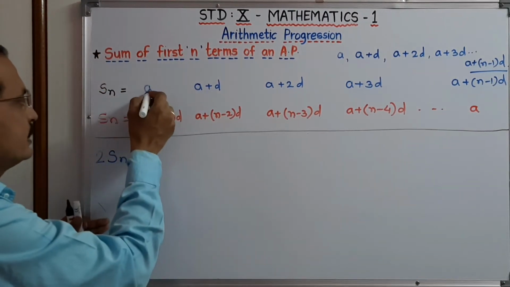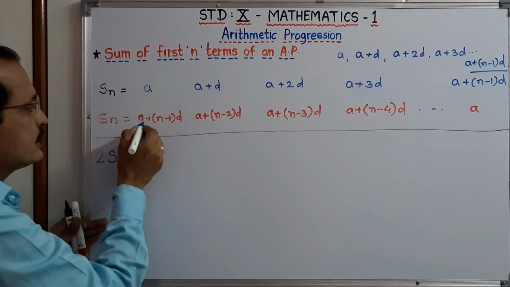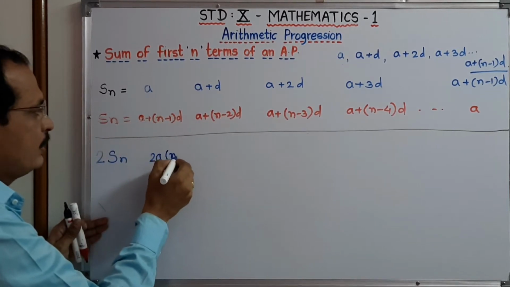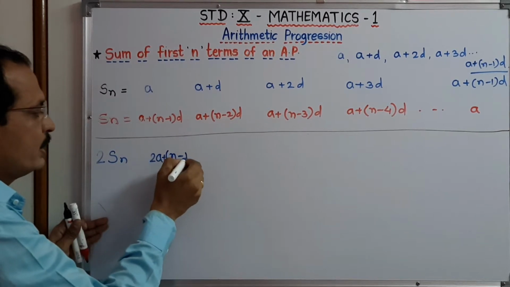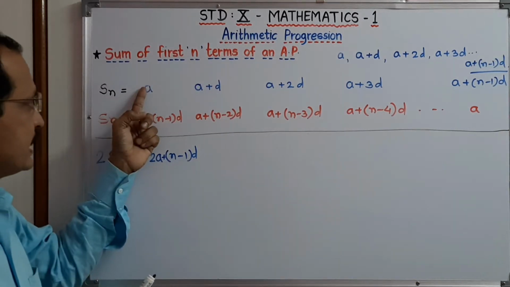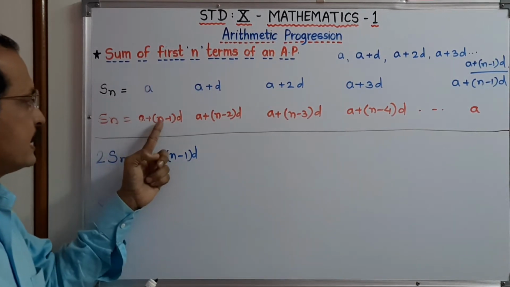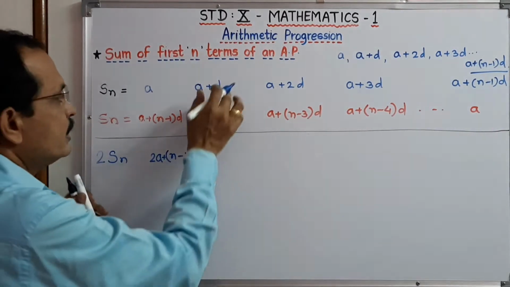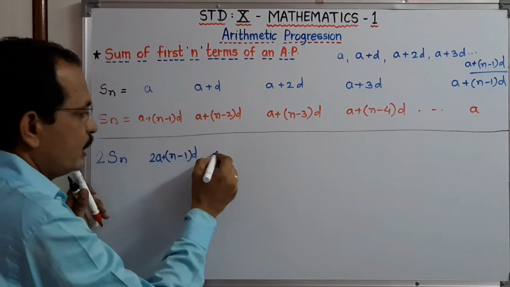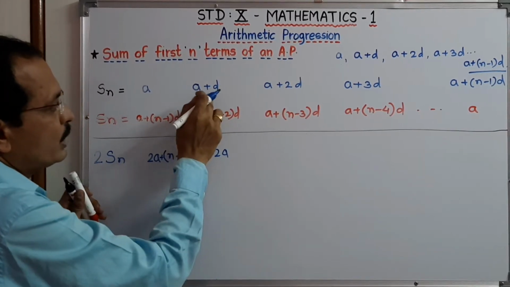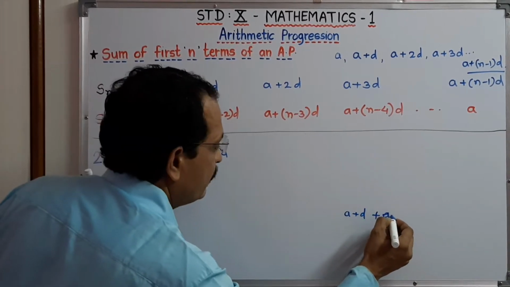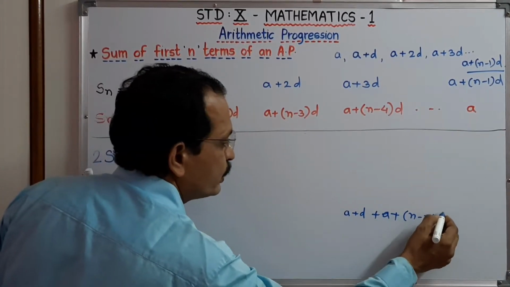Now do the addition of these. Dear students, see here, a plus a will be 2a, and here it is n minus 1 into d. So we get 2a plus n minus 1 into d. Now again we add the next two: a plus d plus a plus n minus 2 into d.